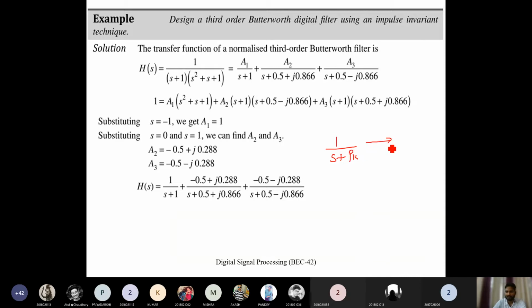With respect to that, we will be replacing this s plus pk by the respective mapping formula.